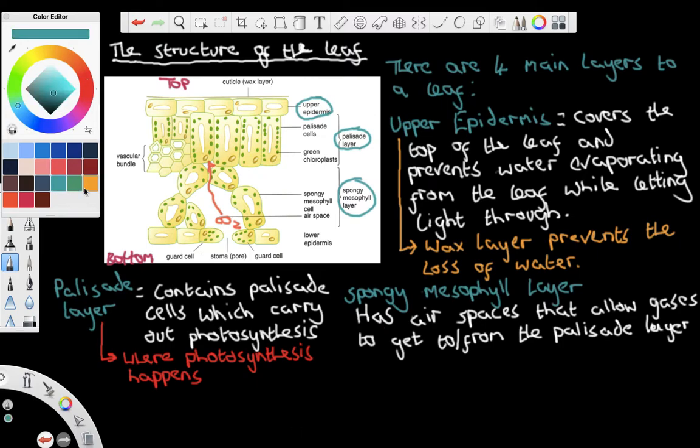Our final one, the fourth one that we need to talk about, is the lower epidermal or the lower epidermis. Lower epidermis.